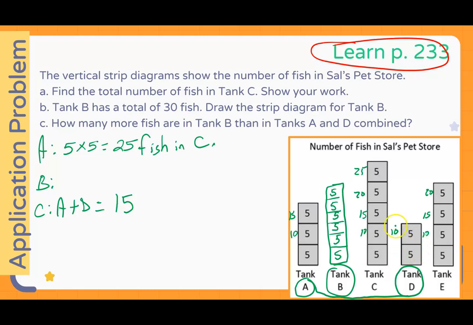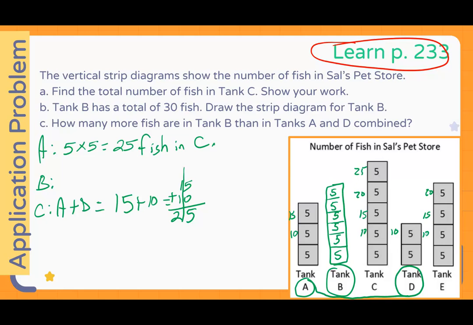D has 5, 10. That equals 25. So A and D have 25 combined.